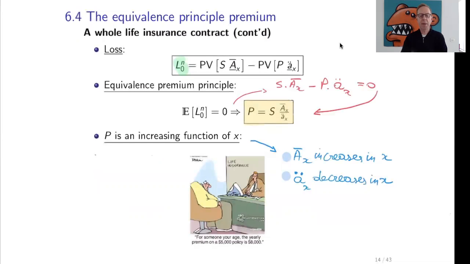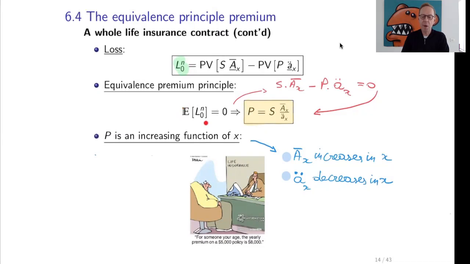Well, we look at the loss at policy issue. The loss at policy issue is the present value of the benefit outgo, the present value of S times Ā_x, minus the present value of the premium income, so minus the present value of P times ä_x. Then the equivalence principle tells us the expected loss at time 0 must be equal to 0.